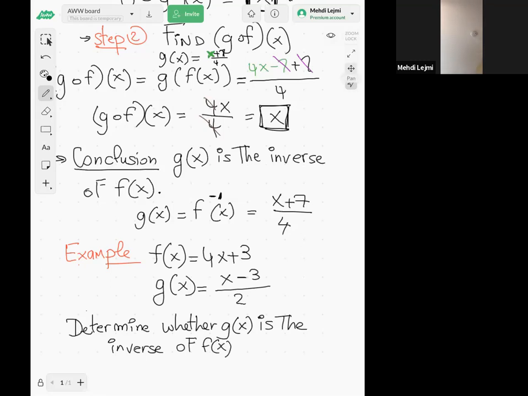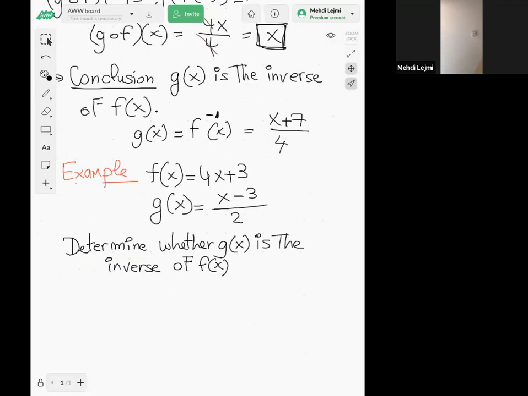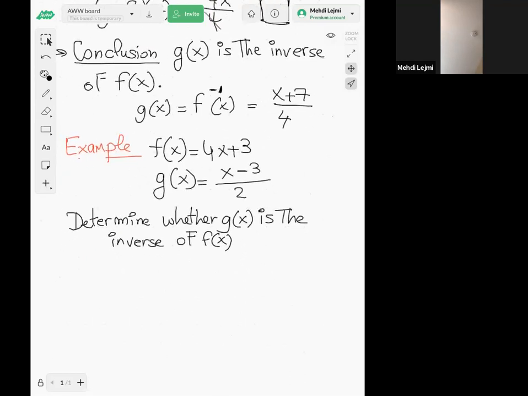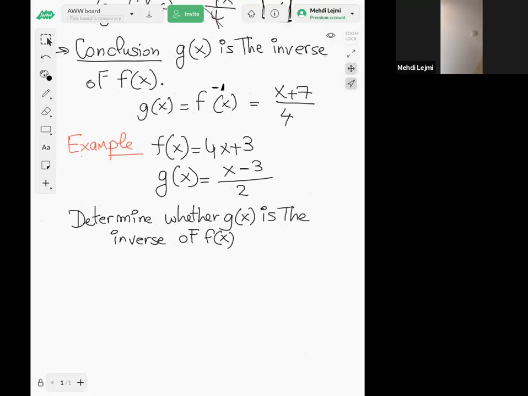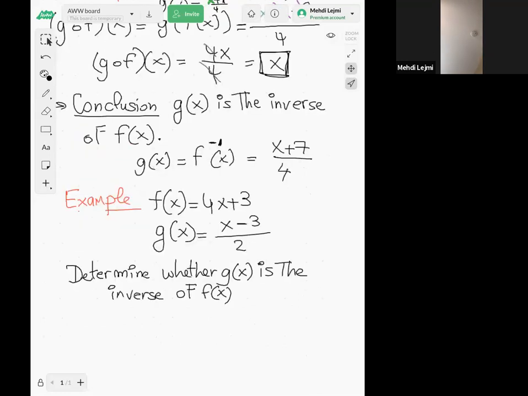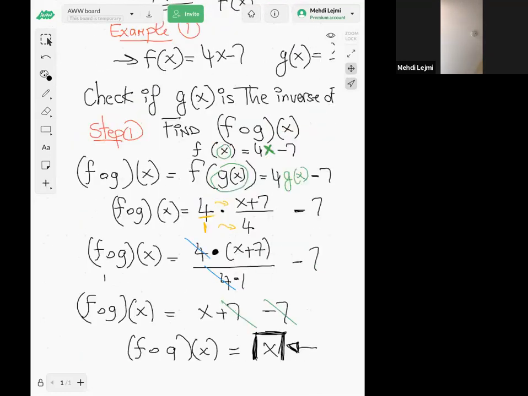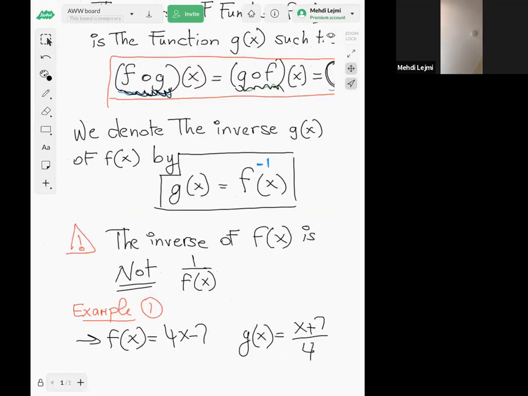So whenever you have such a question, again, you have to check the definition, right? And the definition is this: f composed with g is equal to g composed with f is equal to x, right?